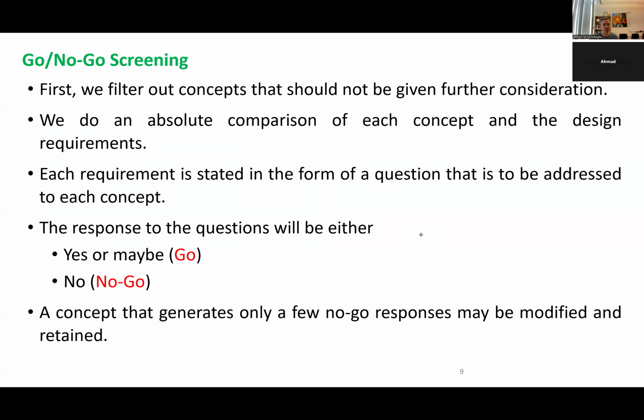The response to these questions will be either yes or no. And then we'll look at each concept. If there are many nos, it means that concept is not useful. If there are few, maybe we can still keep that concept and make some adjustment, which we will get to in the details shortly.